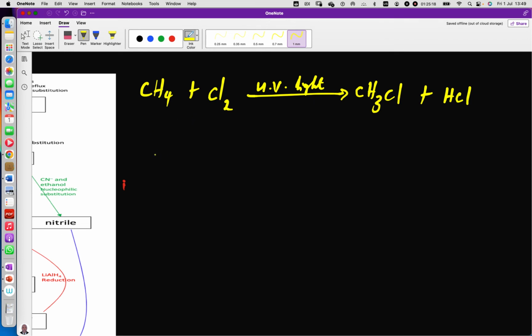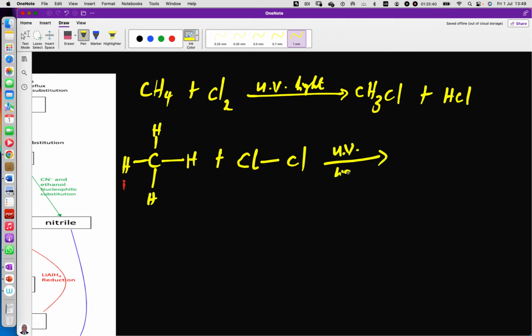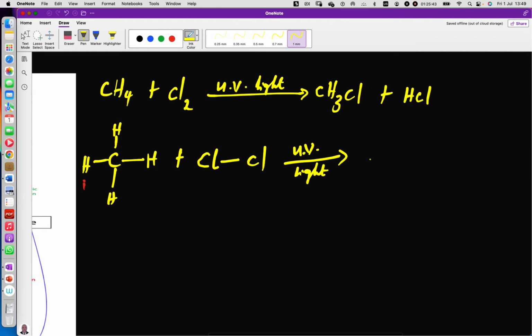This is a hydrogen. This is this, this is this, and this is this, plus a chlorine and a chlorine, and over UV light, what will happen is that there is a breakage here, there is a breakage here, there is a breakage here, and there is also a breakage here.